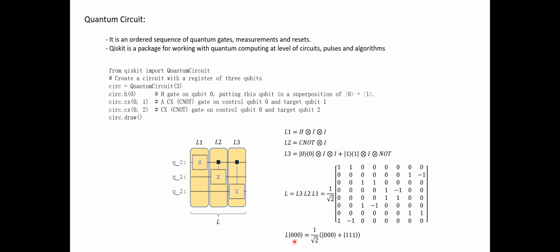Just as an example, if my input is the state 0, 0, 0, and I perform this multiplication with 1, 0, 0, 0, 0, 0, 0, 0, I will get an output where the first is the state 0, 0, 0, and the last one is state 1, 1, 1. So now I have a superposition between 2 states. Oh, and we are working with 3 qubits right now, not with 1 single qubit.